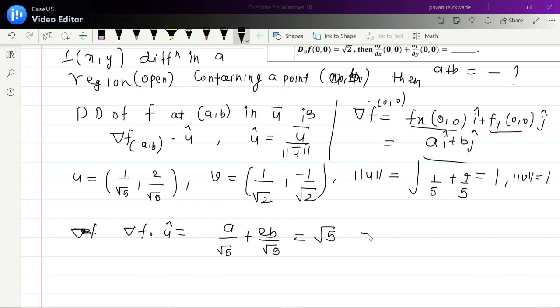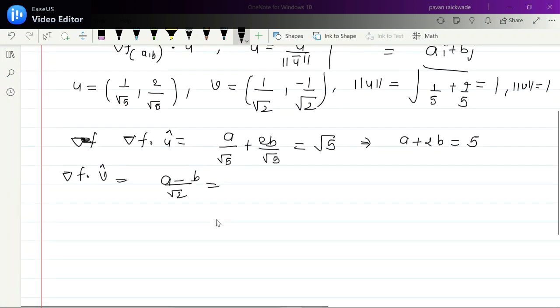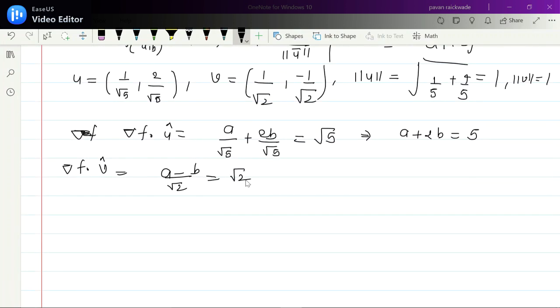Which implies a plus 2b is equal to 5. Similarly, grad f dot v cap is equal to a minus b upon root 2, which is given as root 2. Which implies a minus b equals 2.